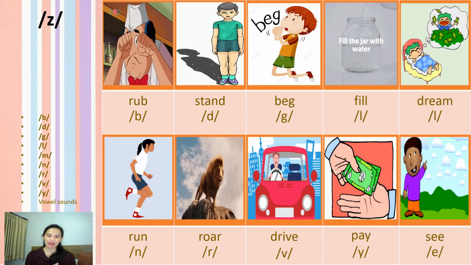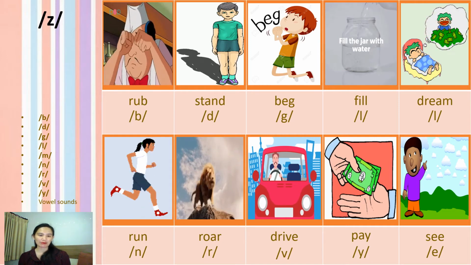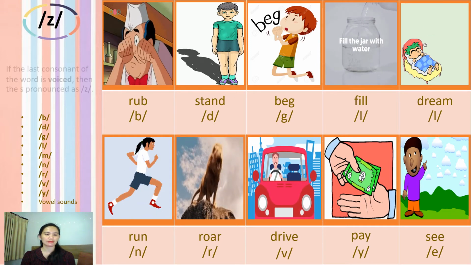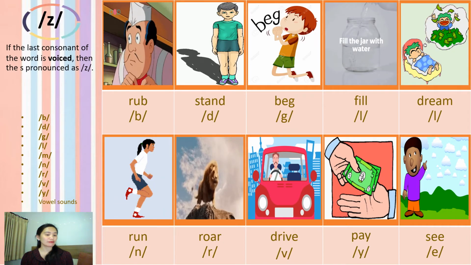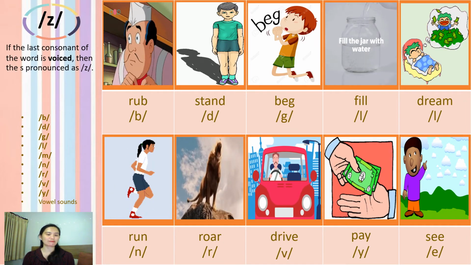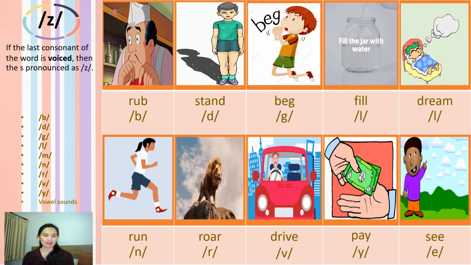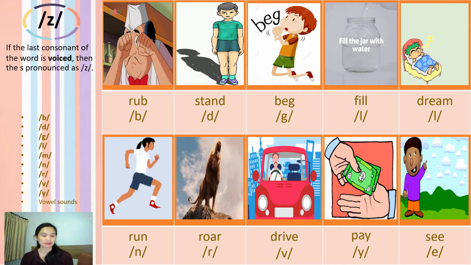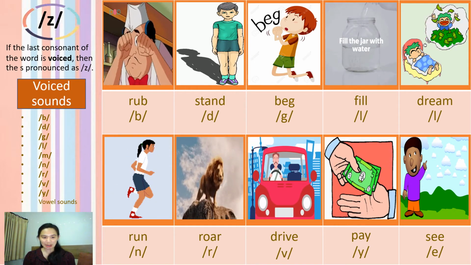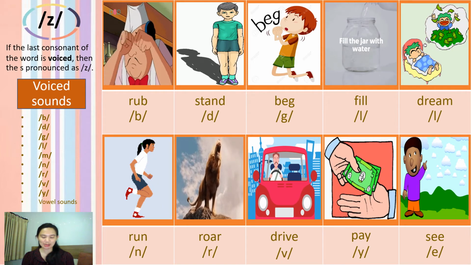When the s at the end of the simple form of the verb sounds like z, if the last consonant of the word is voiced, then the s is pronounced as z. Here are the examples of the voiced sounds.